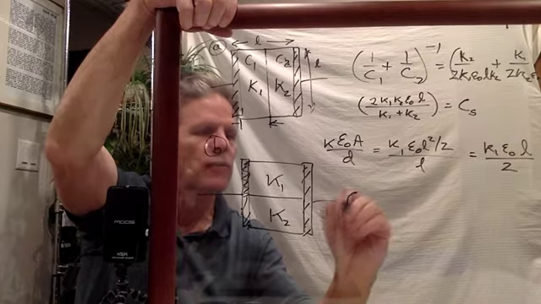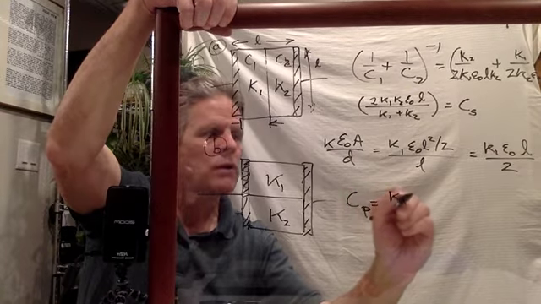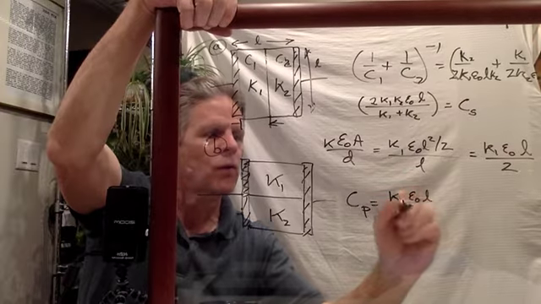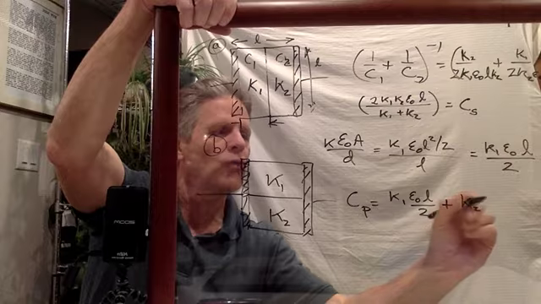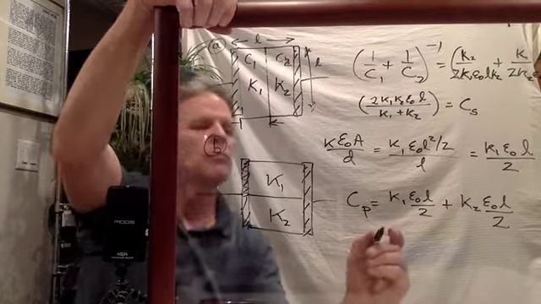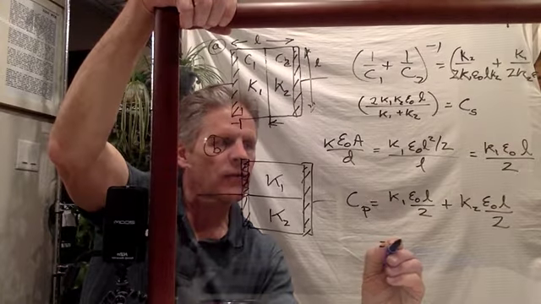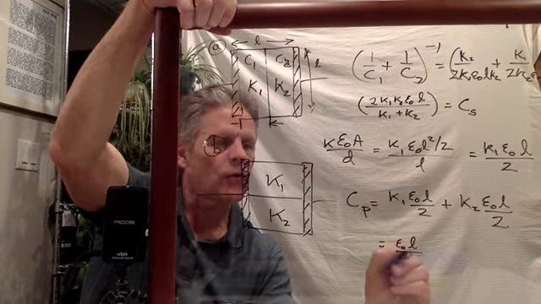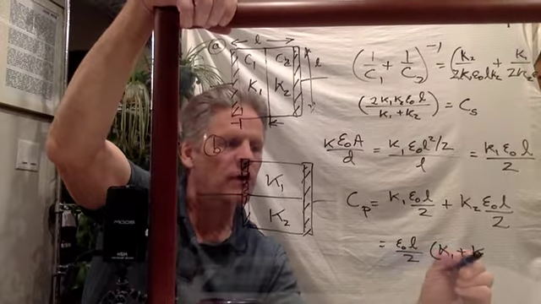So our total capacitance in parallel is kappa 1 epsilon 0 L over 2 plus kappa 2 epsilon 0 L over 2. And I'm going to make this a little bit more compact by just making this epsilon 0 L over 2 times kappa 1 plus kappa 2.